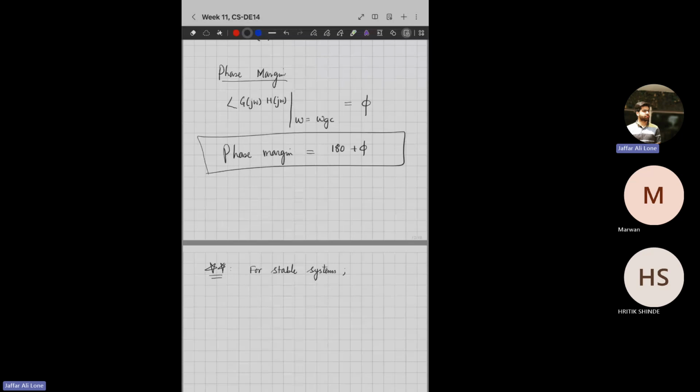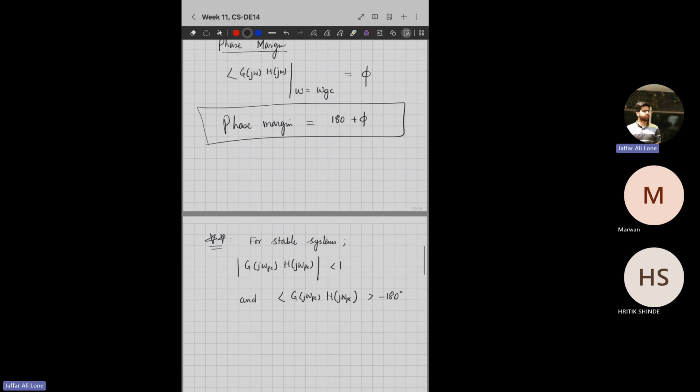Maybe in the next week we have controller design, or lead lag compensator design. If there is something in frequency domain, I can show you that. So for stable systems, the magnitude of G(jω_pc)H(jω_pc) will be less than 1, and the angle of G(jω_pc)H(jω_pc) is greater than minus 180 degrees.